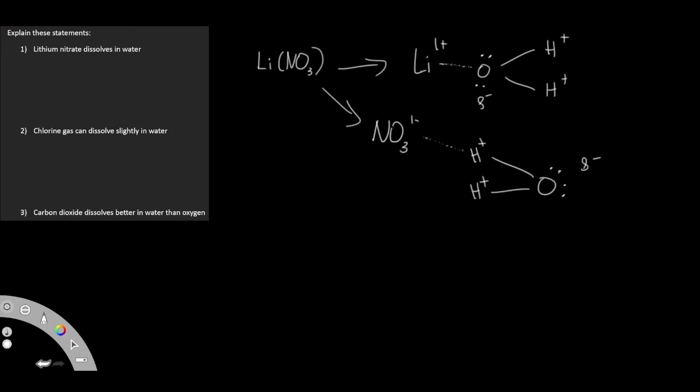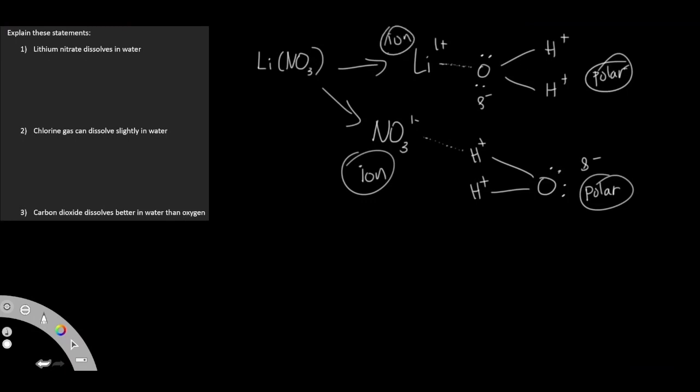What are we looking at? Well, over here we have ions. What do we have over here? What we have is a polar molecule. Same thing here. We have a polar molecule. This here is an ion. So polars exhibit a dipole charge.